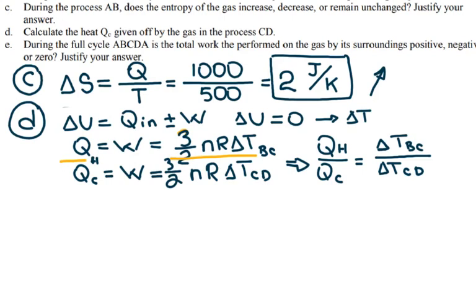In other words, I can say Q hot over Q cold is equal to T hot over T cold.